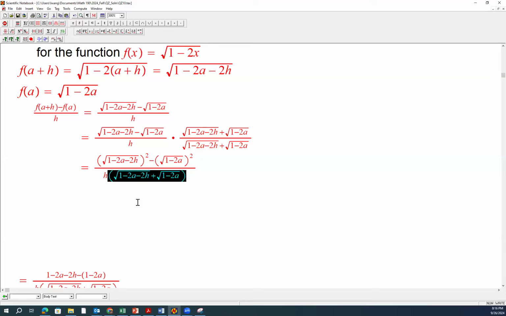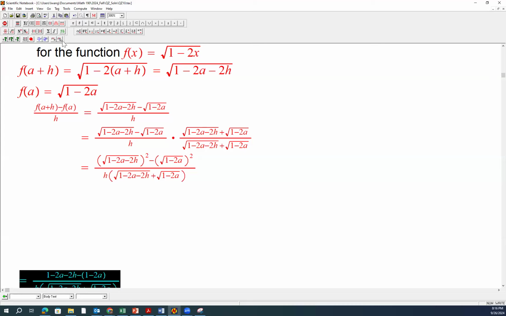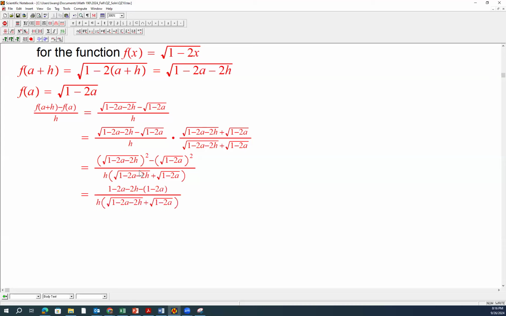And the next step, of course, we're going to simplify the numerator. This piece, it's root x squared, so it's just 1 minus 2a minus 2h, and that piece is going to be 1 minus 2a. And then we're going to simplify that.